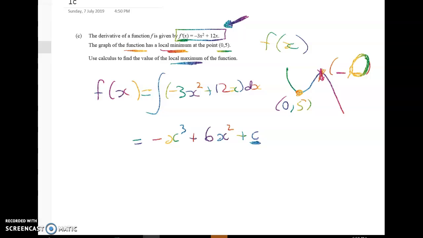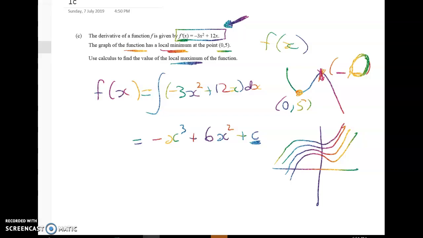This is called the constant of integration, and it shifts me up and down my family of cubics. They've all got the same gradient, but they're translated up and down. We're going to have to use some information, in fact the point 0,5, to figure out what c is. But I'm getting slightly ahead of myself.